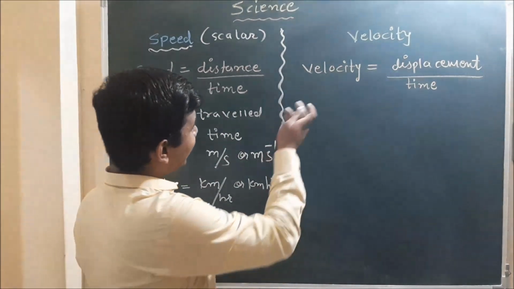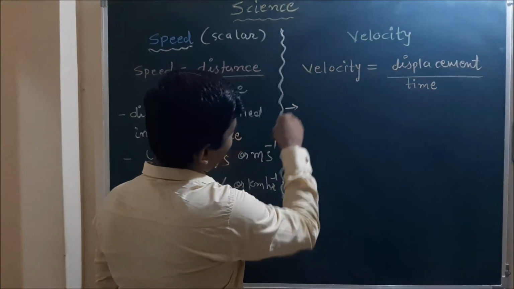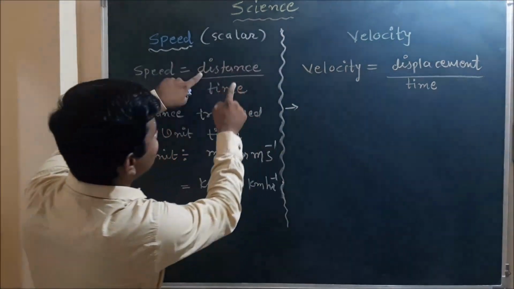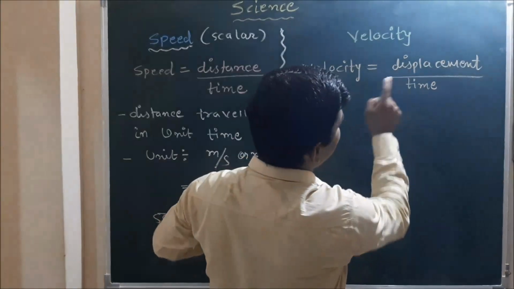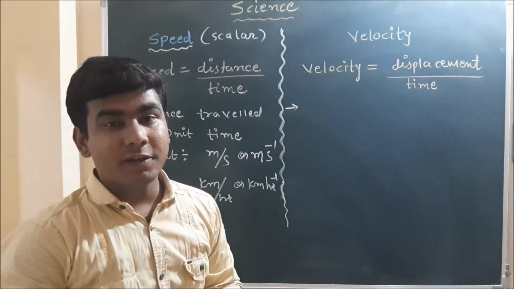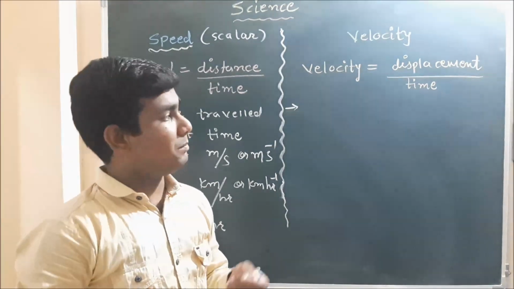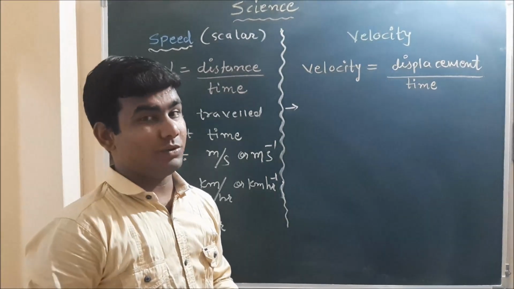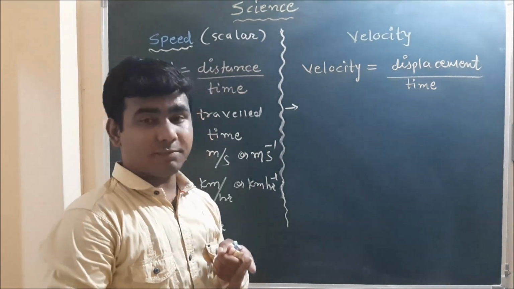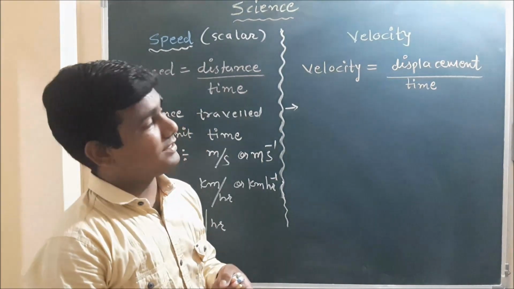Okay, if we look at velocity, what is the difference here? You can see that here it is distance by time, here it is displacement by time. Now what is displacement? We know that displacement can be 0, it can be positive, and it can be negative also. So in displacement it is very necessary to write its magnitude and its direction.